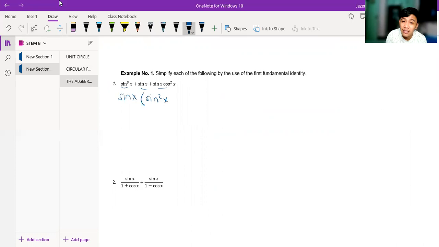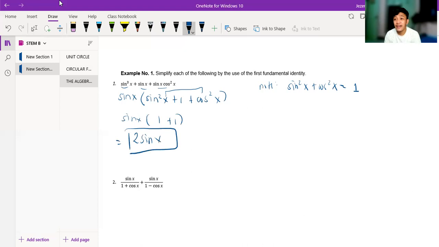Then sine x cosine squared x divided by sine x is cosine squared x. And then sine squared x plus cosine squared x, note that sine squared x plus cosine squared x equals 1 by trigonometric identity. So, you have sine x times 1 plus 1, which is 2. Therefore, 2 times sine x is 2 sine x. And that is its simplified version.